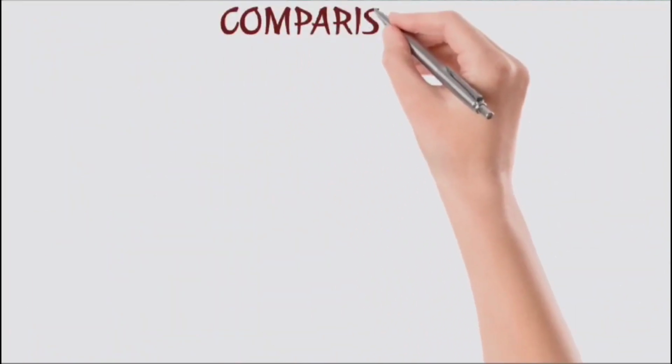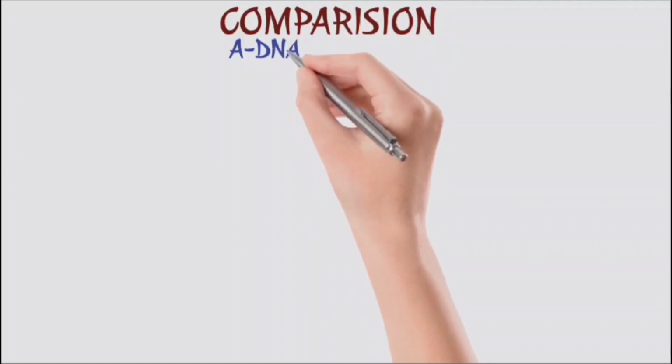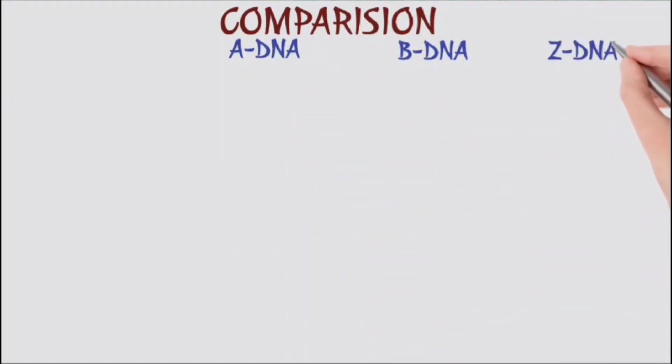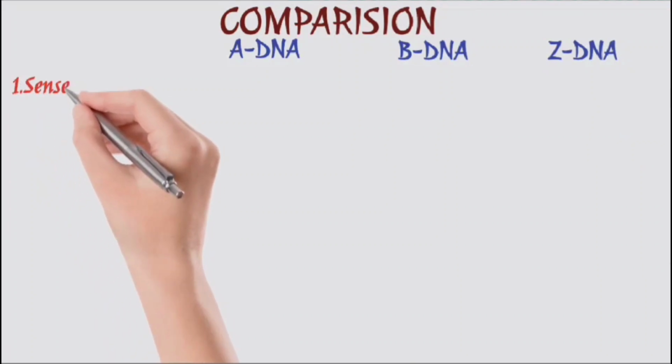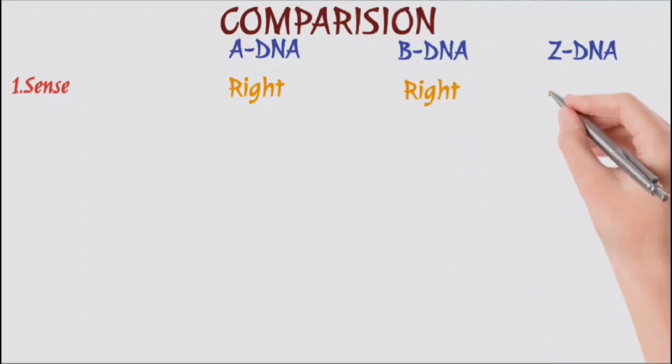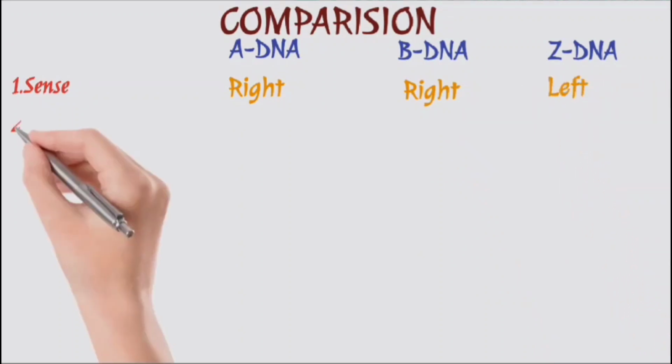We can discuss the comparison between the three DNA types so that it will be helpful for us to remember the major important data. You can see here the three DNA A, B and Z. First point, if we take sense of the helix, then A and B DNA are right-handed helix, whereas the Z DNA is left-handed.